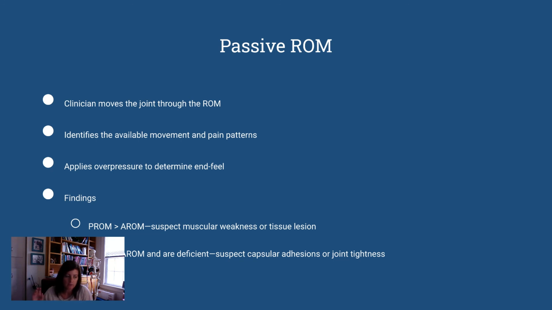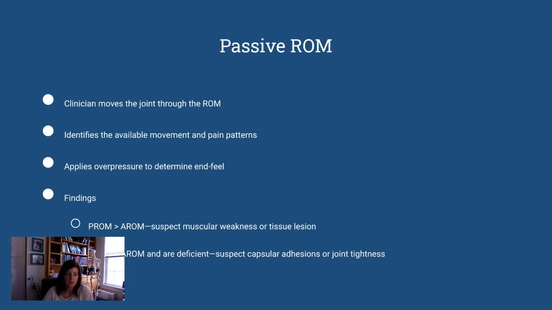So if you have passive range of motion that's greater than your active range of motion, then we can kind of tease out and say, okay, well, maybe the muscles are weak, and so because the patient's got the motion available, they're able to move through that whole range passively, but when I ask them to do it actively, they've only got 75% of that mobility. So we're looking at some sort of muscle weakness or muscle involvement with that.